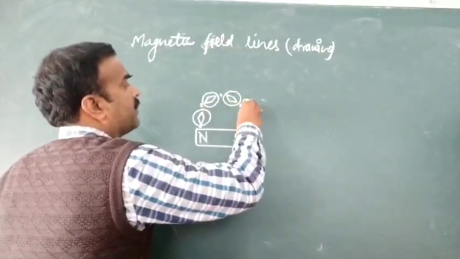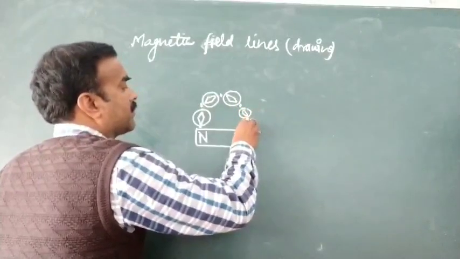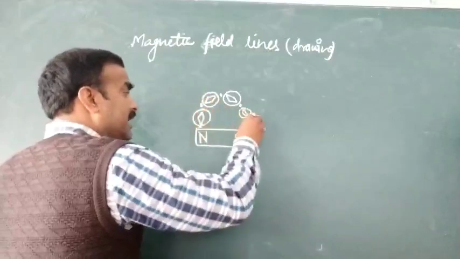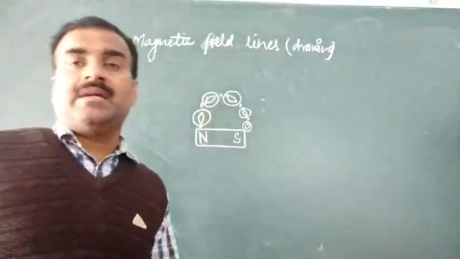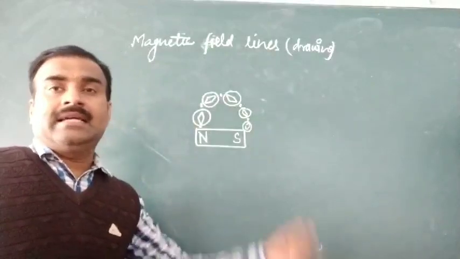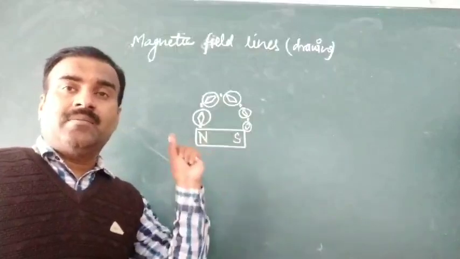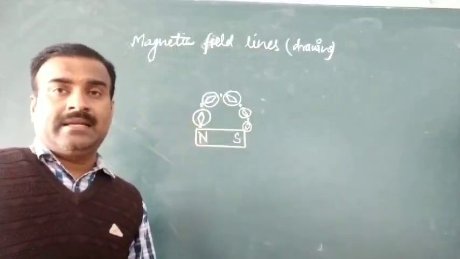Every time you shift the magnetic needle in the direction of the point that you have marked, deflection will be shown by the pointer of the magnetic needle.